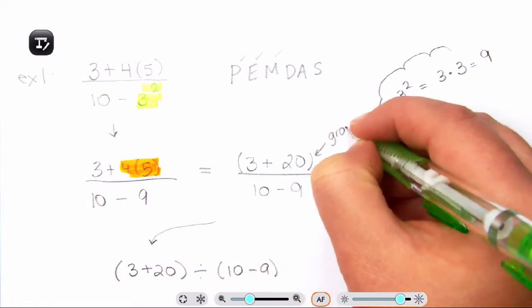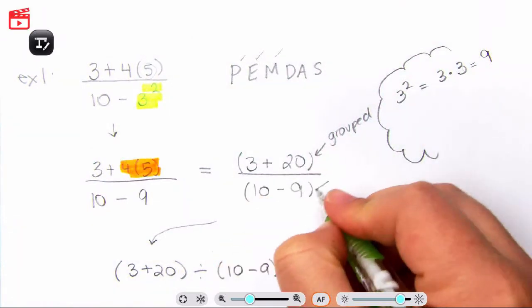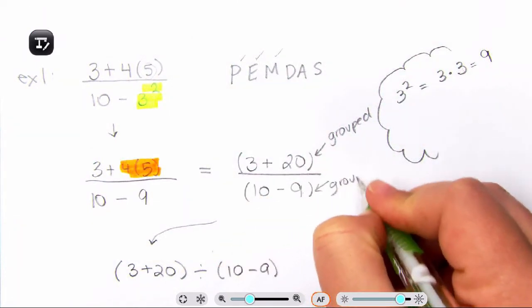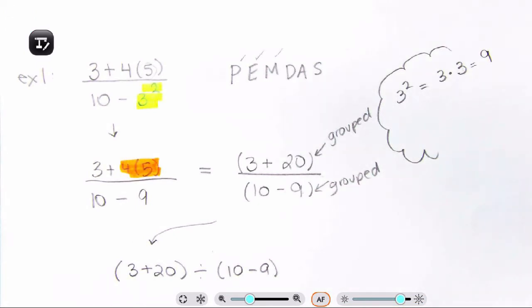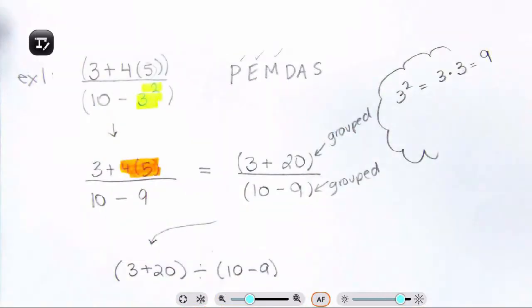So it's grouped in the numerator and grouped in the denominator. Even though we don't see the parentheses, they are grouped together. In the beginning, imagine if it was like this, grouped all of it together. But because there's so many parentheses, we don't want to put too many because it gets confusing.